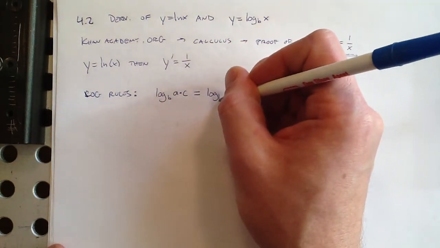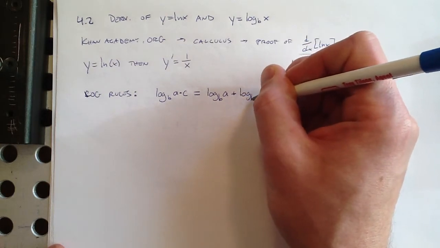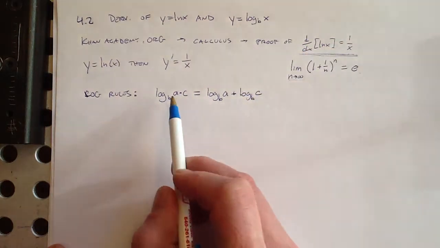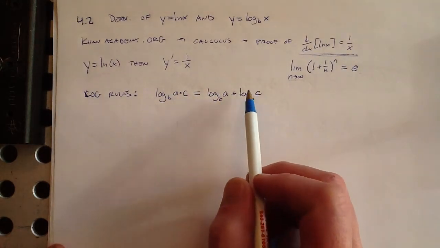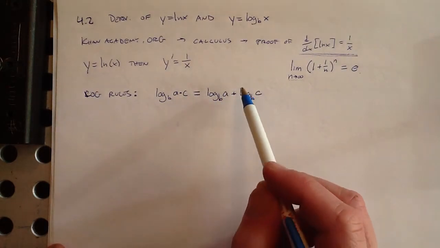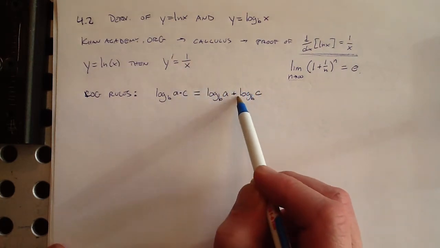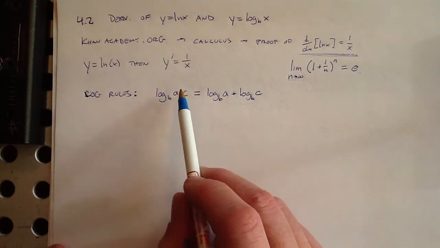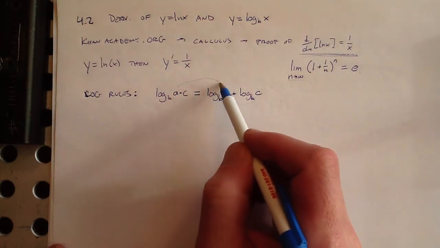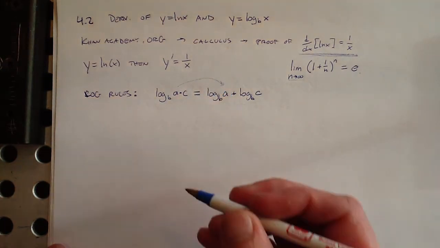That's the same as log base b of a plus the log base b of c. So if you have a logarithm of a product, you can split it up into additions. In Algebra 2 or pre-calculus, we're more used to going the other way, consolidating a sum into a product. But now we're going to use it more in some problems going this direction. We'll take a product and break it up like this.